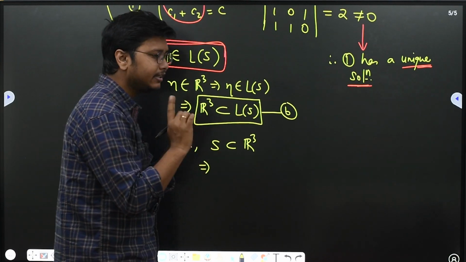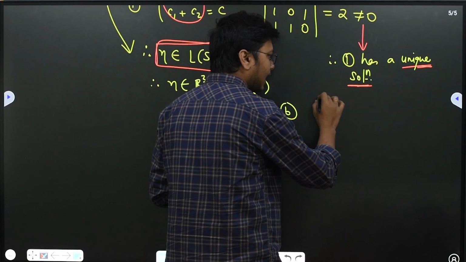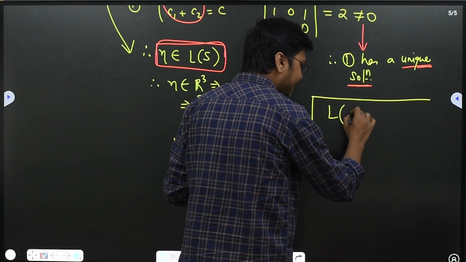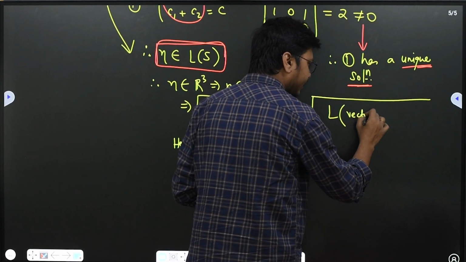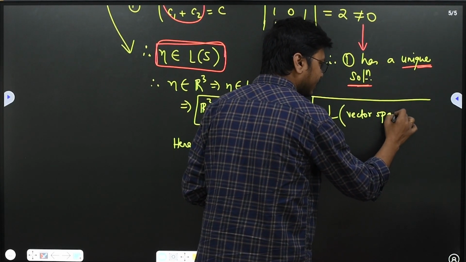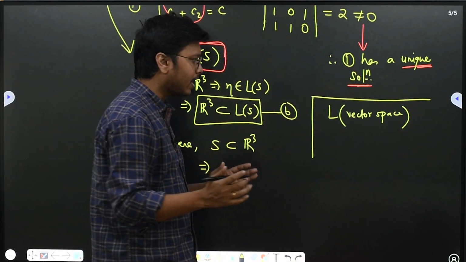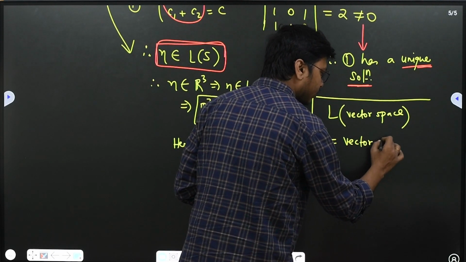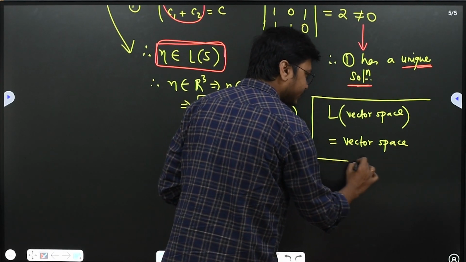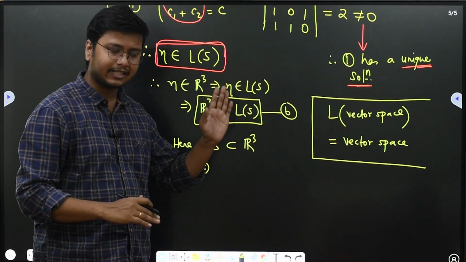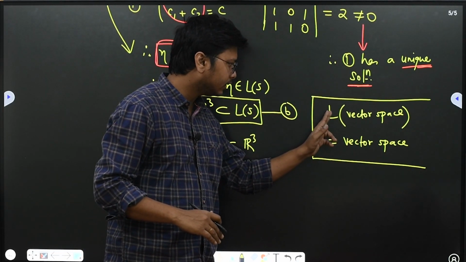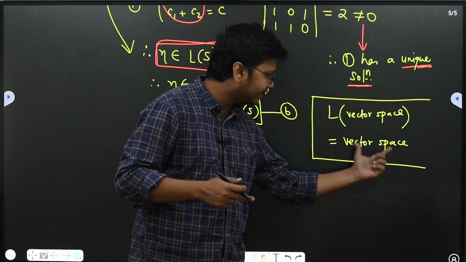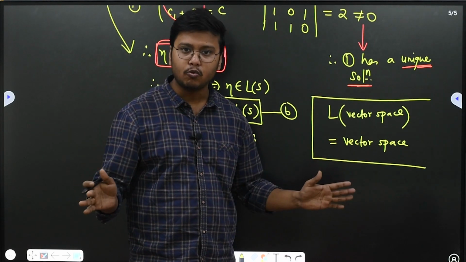I have done this theorem in my previous lecture. I had told you that if I take L of any vector space, then nothing new is going to happen. You are only going to get back the same vector space. If I take the linear span of a set which is itself a vector space, then you get that vector space back. You don't get anything new out of it.